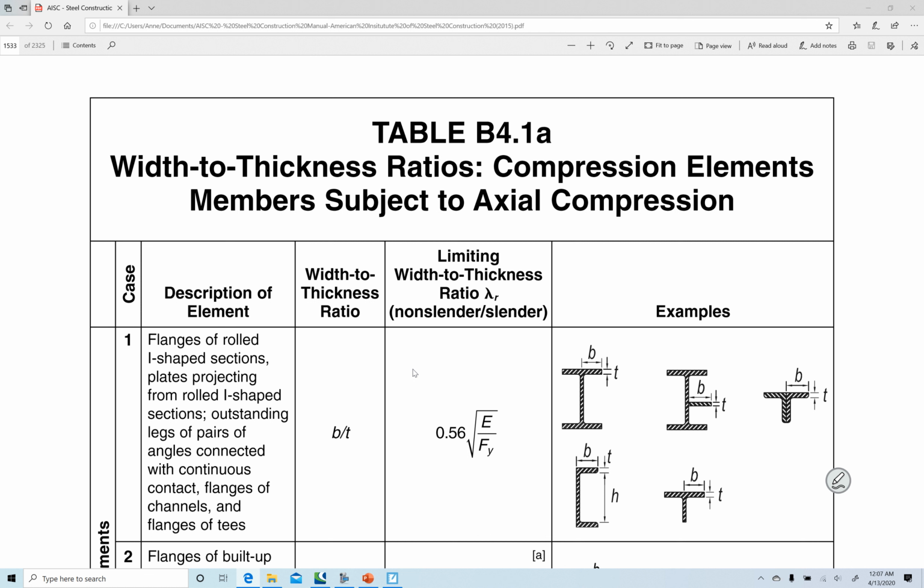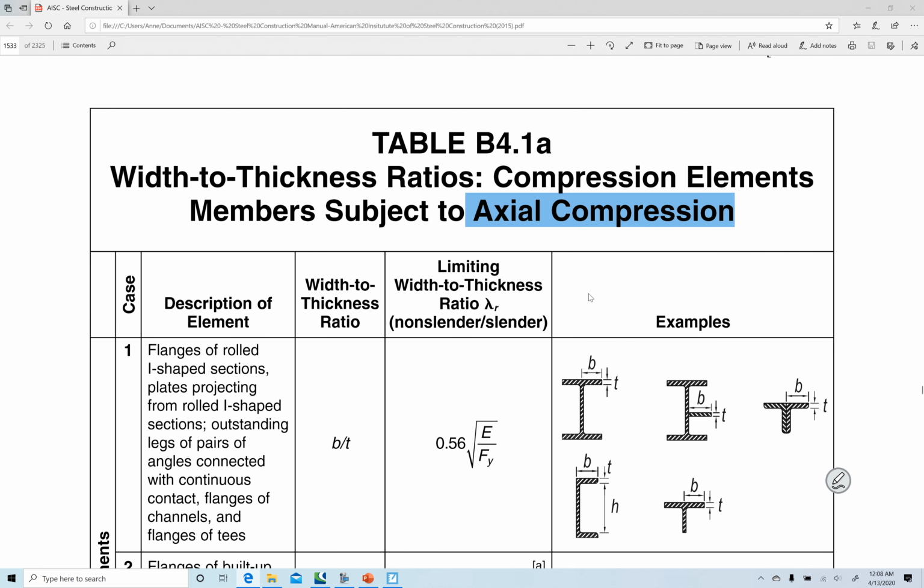you'll see we're talking about a width to thickness ratio, right? How wide our flange is versus how thick it is, or how tall our web is versus how thick it is. But notice this talks about axial compression. This is what we used to determine whether or not we needed to check for local buckling for just axial compression or columns.